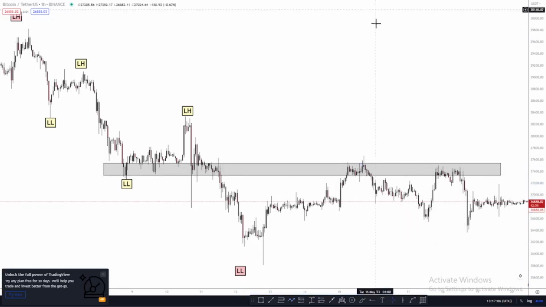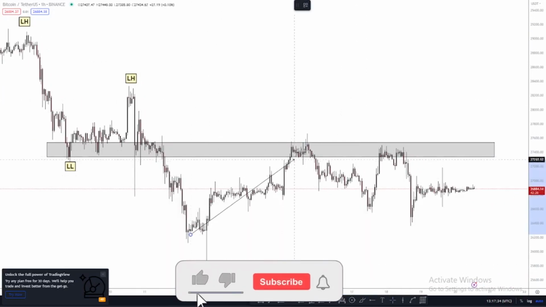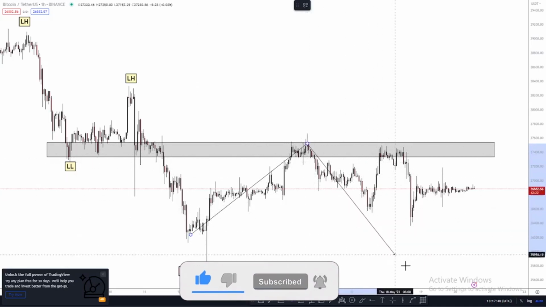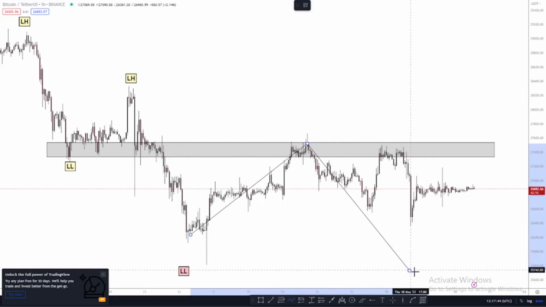Do you understand? Good. But what did the price do when it came back to retest it as a resistance? It came back down but failed to break below its current lower low to continue to the downside.